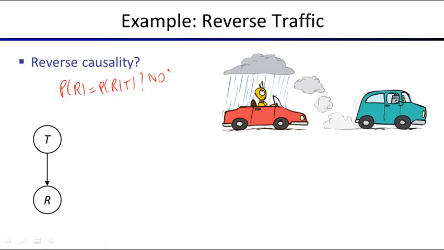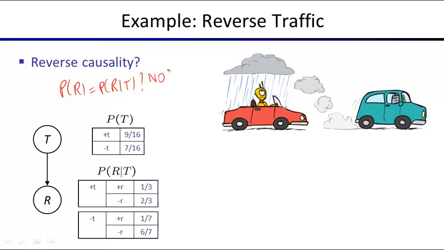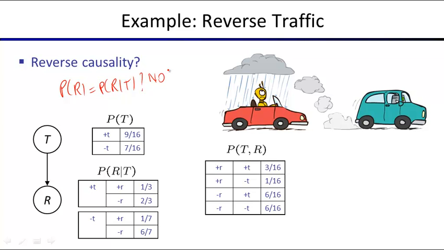Well, you could measure how often there is traffic. That'd be your first table, and then you could measure how often there is rain when there is traffic, and when there is no traffic, and build a table that way. Now you can do the same thing as we did before. You can take these two tables and multiply them together, the corresponding entries, to build the joint distribution. This is our joint distribution for T and R.